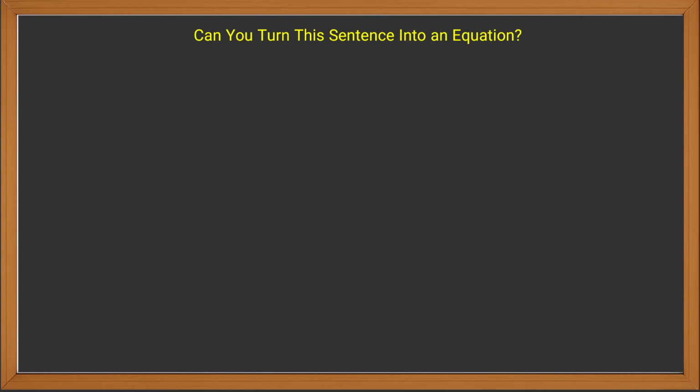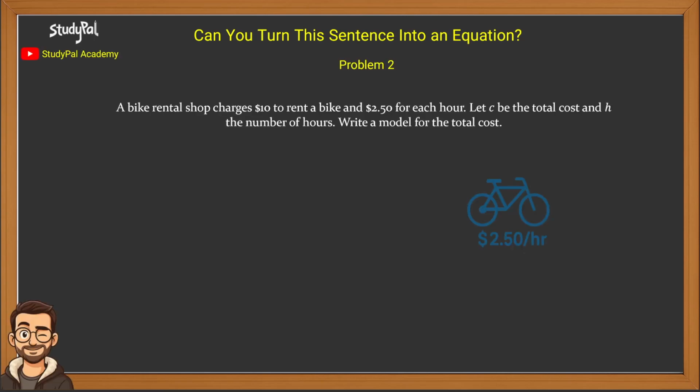All right, let's go to the next question. It says a bike rental shop charges $10 to rent a bike and $2.5 for each hour. Again, there is a constant fee, which is always there, $10. You want to rent a bike, you first need to pay $10.